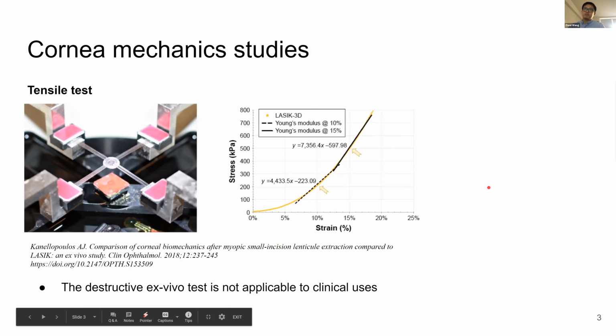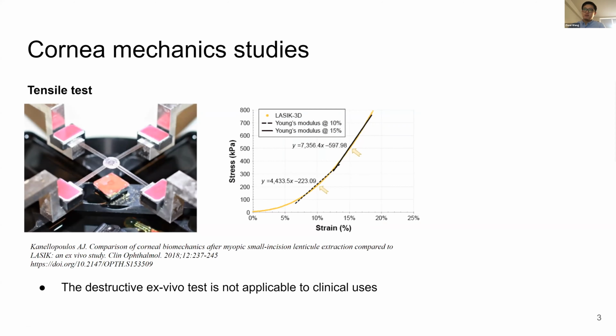Intuitively, the tensile test is a simple and accurate way to measure the elastic properties such as Young's modulus. We can cut the corneal tissue from the eye and mount it on the test machine to get the stress versus strain curve. However, this method is destructive and can only be done in the ex vivo state.